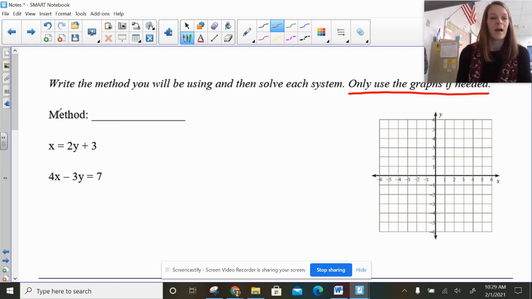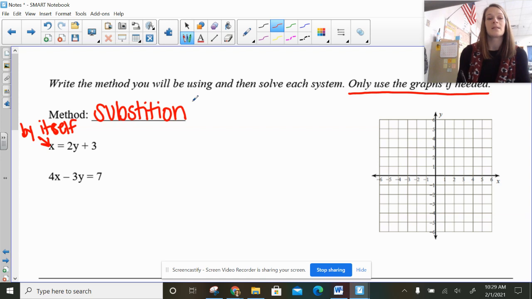All right, so when I'm looking at this system, the first thing I notice is right here, there's an x by itself. Because I have an x by itself, I want to use substitution. Substitution means you're going to plug something in.